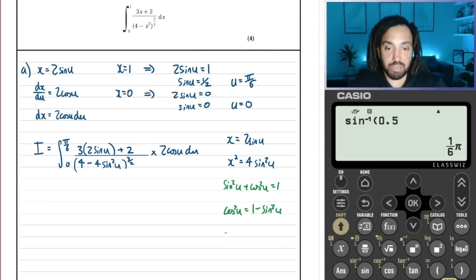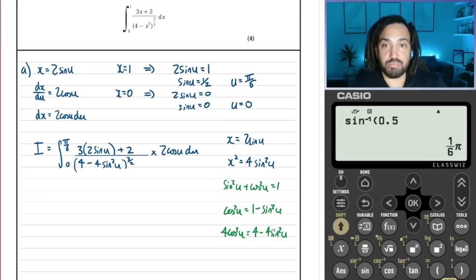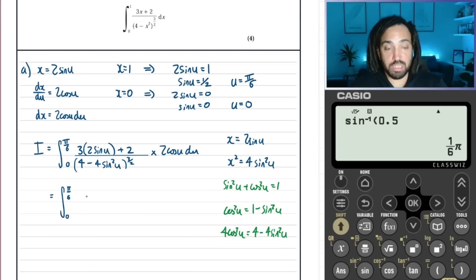We can scale that up by a factor of 4 as well. So we get exactly what is underneath that, inside that bracket. Okay, great. So we can do equal sign again. We can put our limits, and on the top, I guess we can expand that out to get 6 sine u plus 2.